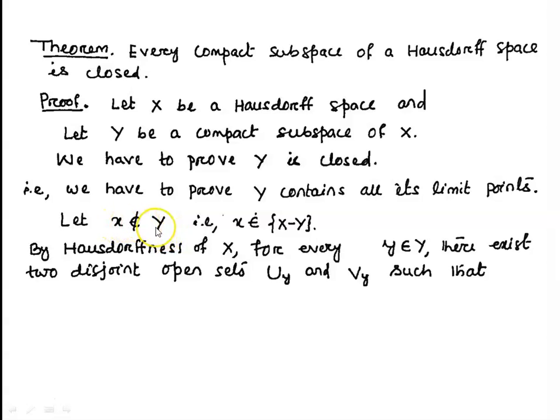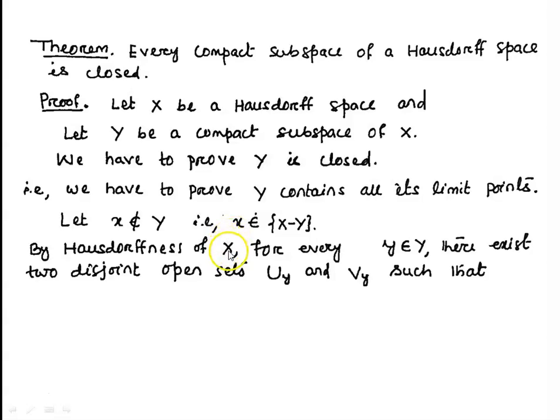Let X be a point outside Y. Now we have to prove that this X is not a limit point of Y. Since X is not in Y, X is in the complement of Y. Now if we take a point y in Y, then that point and this point X are two distinct points in the space X. Since the space is a Hausdorff space, for every pair of distinct points, there exist two disjoint open sets which separate them.